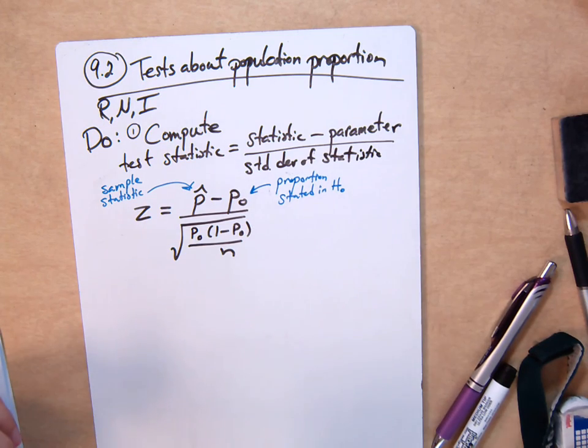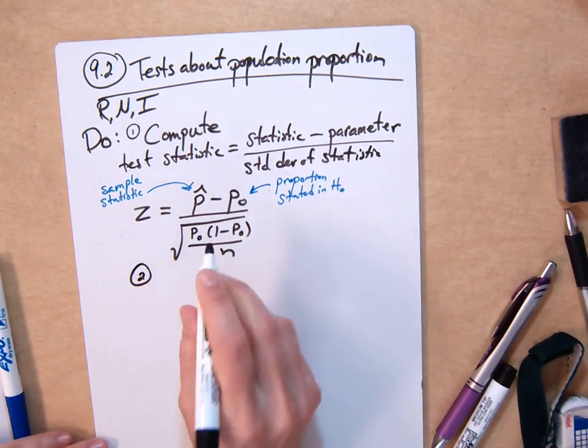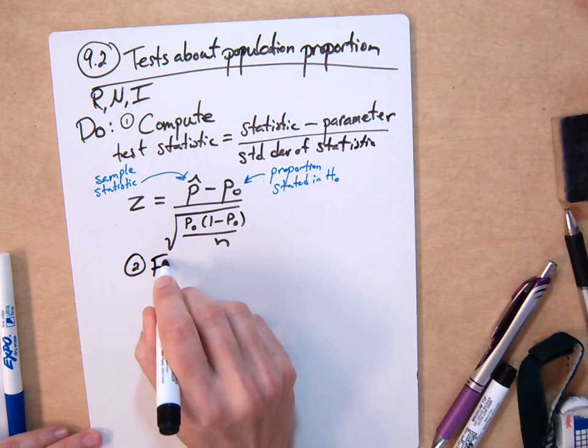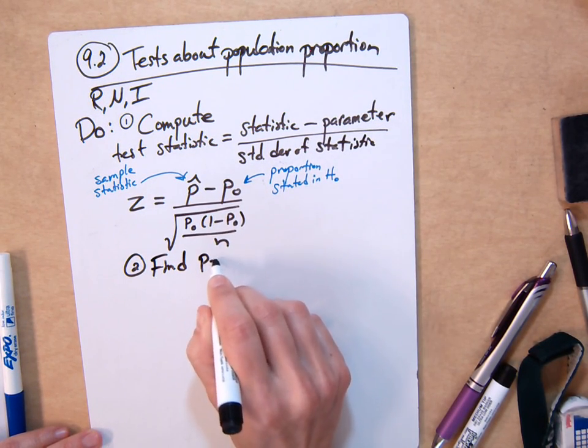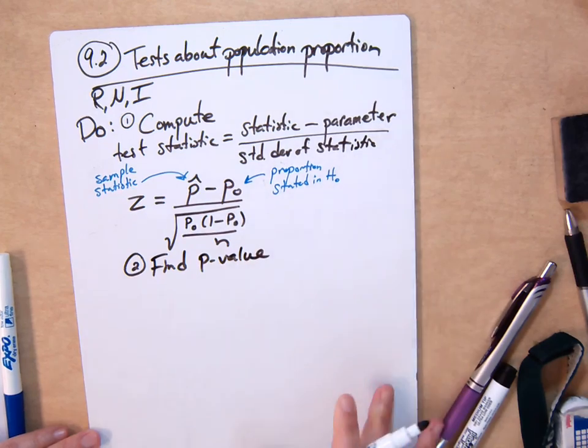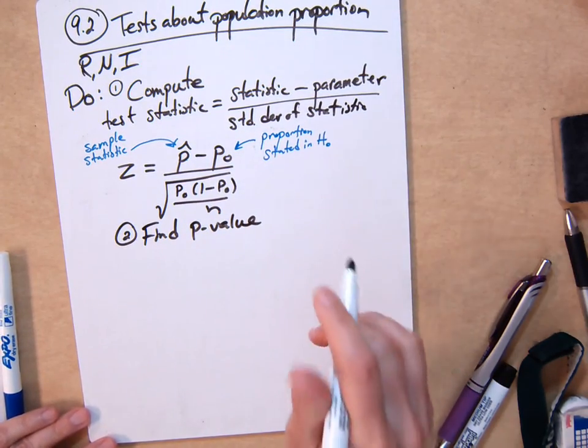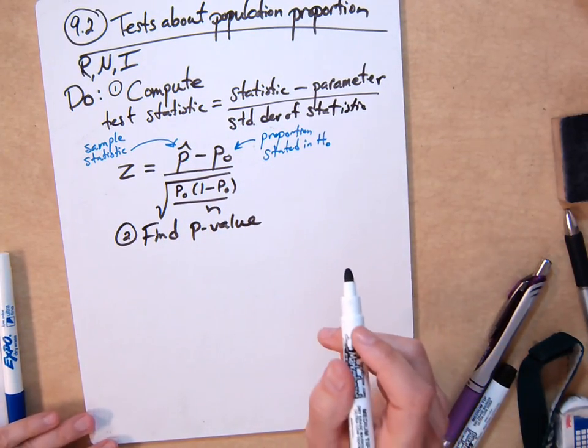That's P naught. And then you take your test statistic, and step 2 is you find your p-value. These will be good for you to have for later, even if it makes sense now when you're reviewing for the test.